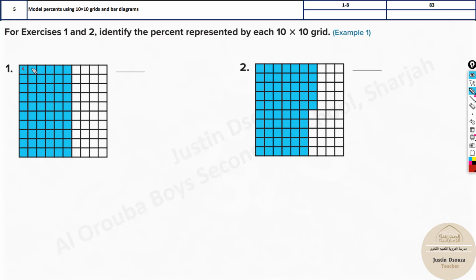Count one side: 1, 2, 3, 4, 5, 6. And we know the height is 10. So 6 into 10 is 60. It is 60% or 0.6. The first one is 60%. Same way over here, till here it is 60. Then there are 5 more. It will be 65. That's it.